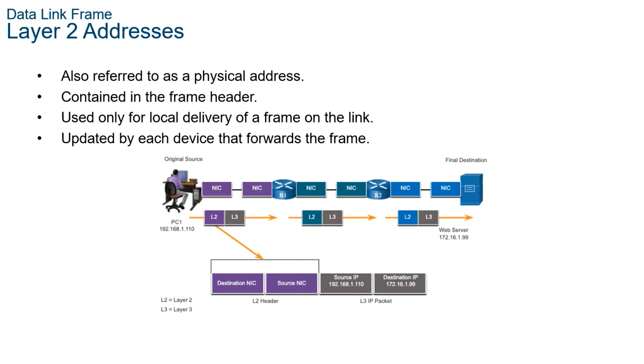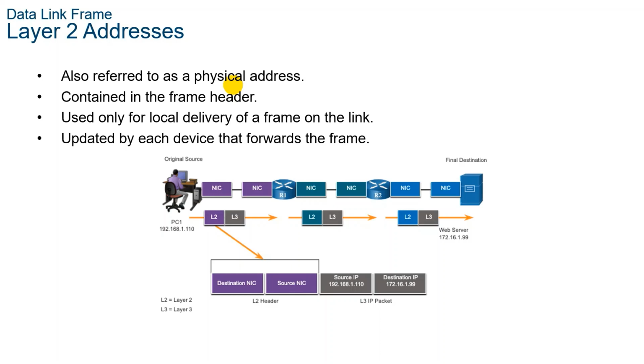Data link layer addressing is contained within the frame header and specifies the frame destination node on the local network. It is typically at the beginning of the frame, so the NIC can determine if it matches its own layer 2 address before accepting the rest of the frame. The frame header may also contain the source address of the frame.